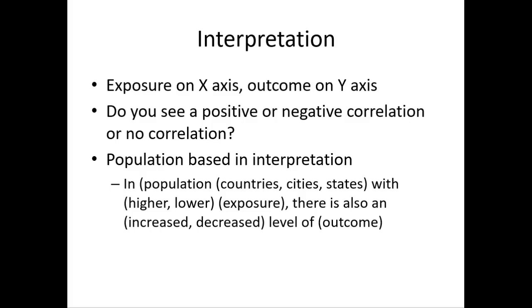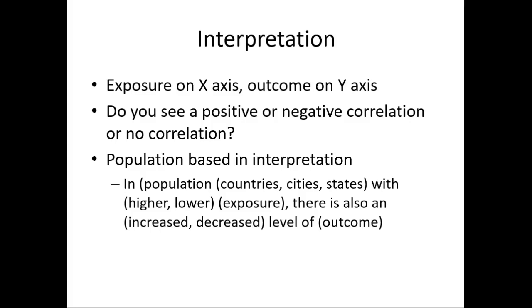So in our example from the lecture, we would say in countries with higher per capita rates of red meat consumption, there is also an increased rate of colon cancer. And we saw a positive correlation between red meat consumption and colon cancer.